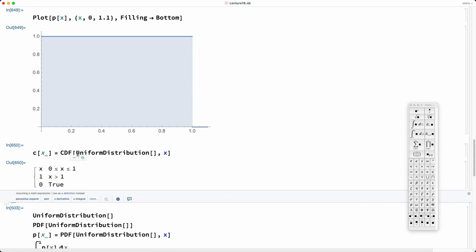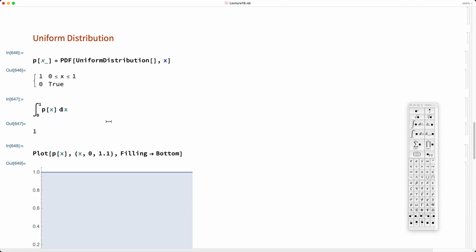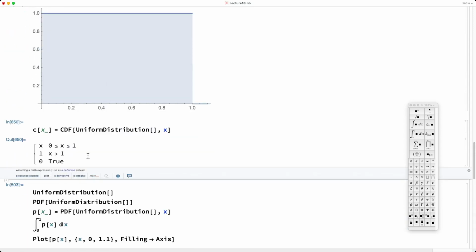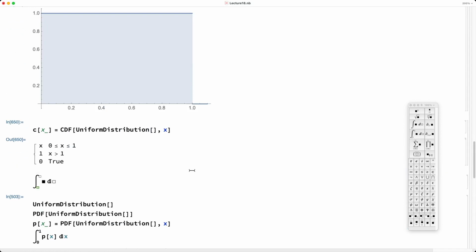We can also get this result by explicitly integrating the PDF. So if this is analytically possible, which it is in this case, we can do the integral from -infinity to x of p(x), or let's change variable and call it y, dy.